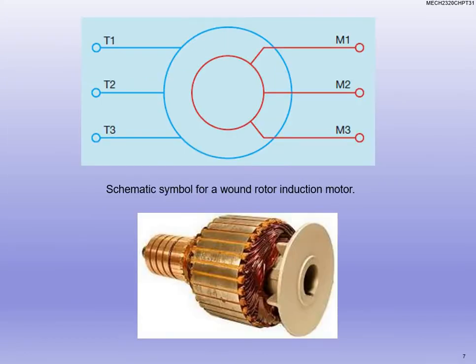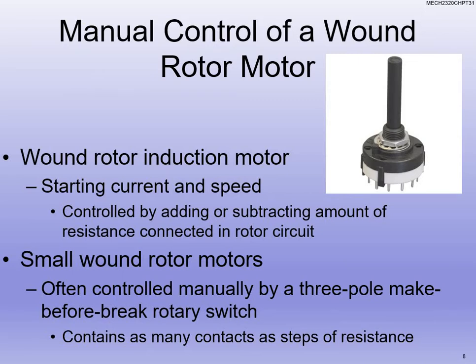Here's the schematic symbol. When you guys see a schematic and you see this one, you are going to know that it's a wound rotor induction motor based on just what you're looking at. Now we've talked about this stuff in previous lectures, so I am going to go through this one a little bit faster. Manual control of the wound rotor. How do we do that?